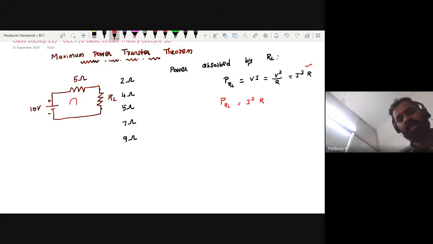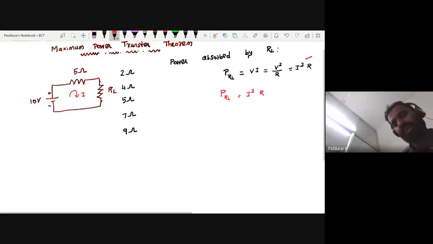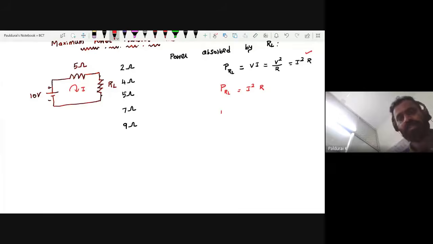What is my I? This is my I. So how will you find I? What is the formula for I? I equal to V by R, right? So 10 divided by, what is R? Suppose take first RL equal to 2 ohms. At that time I is given by 10 by 7, right?